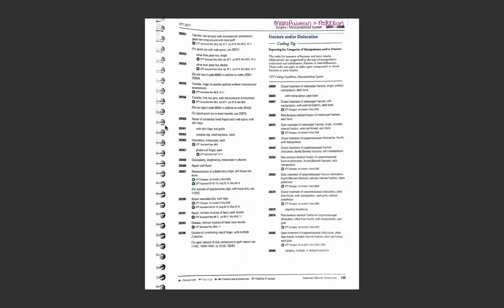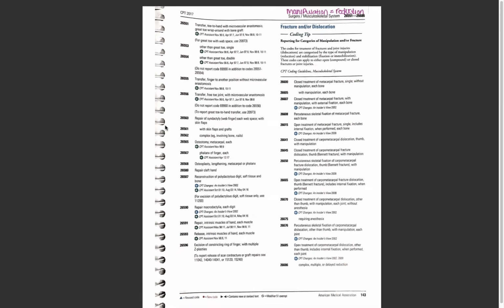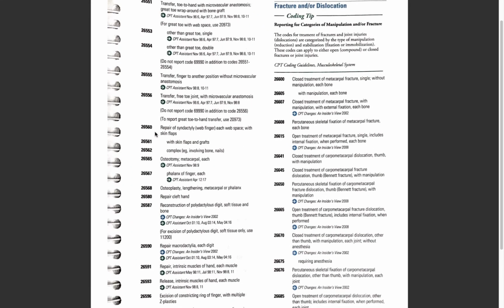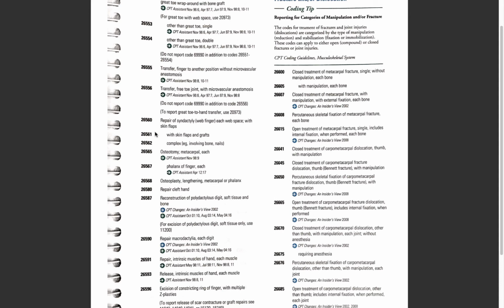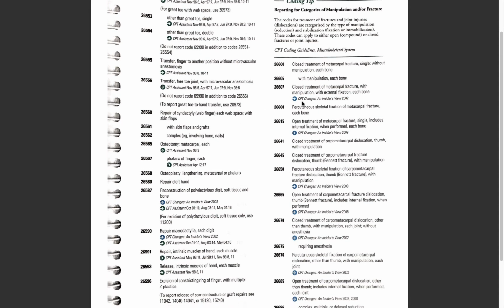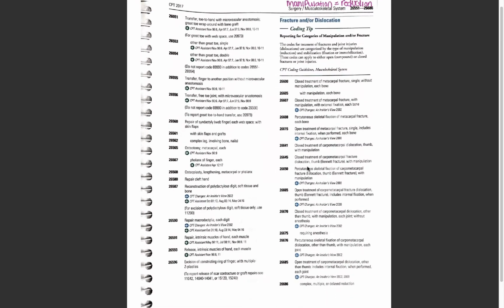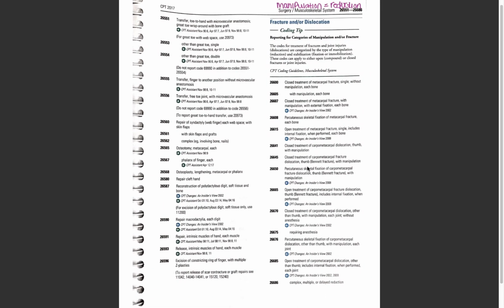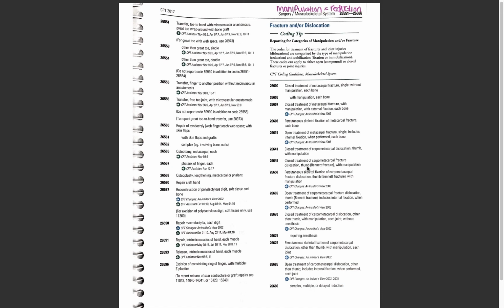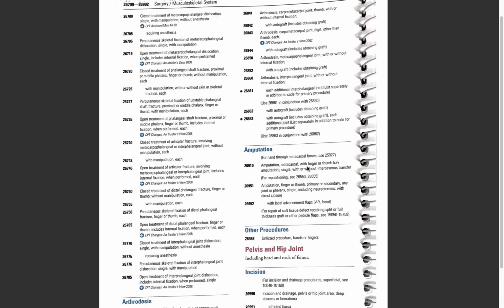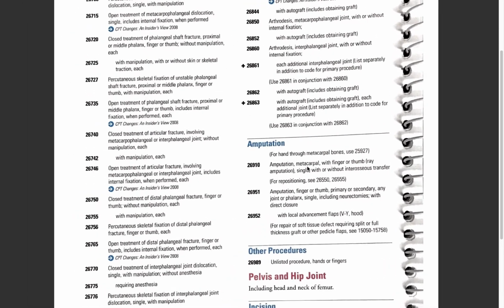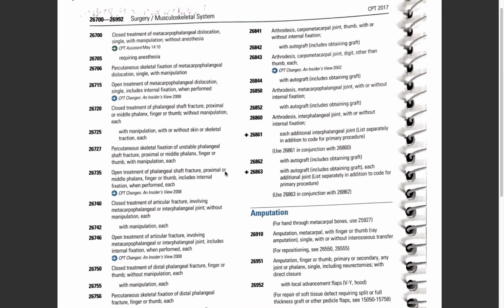On page 143, we're now going to look for the bone. Notice how I usually bracket these in my book. But notice how this is metacarpal, carpometacarpal. We're looking for proximal phalanx. So it's good to go through and highlight or underline the bones so they're easily identifiable. On the next page, I see the proximal phalanx, proximal or middle phalanx, but this is a percutaneous treatment.